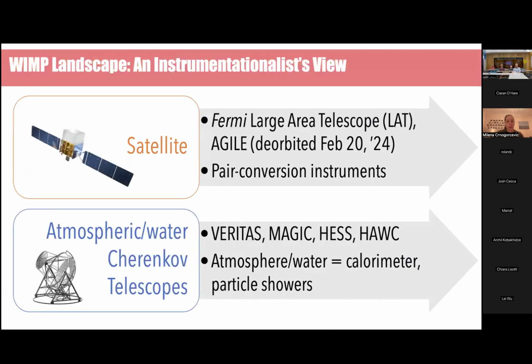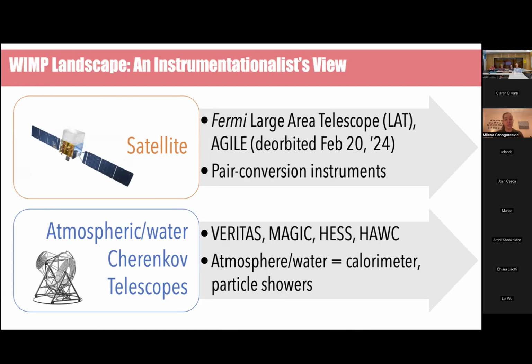So the two main ways to search for the gamma ray emission from the dark matter annihilation or decay is through satellites. And right now we have Fermi, which for part of its lifetime was also working together with Agile, which was deorbited in 24.